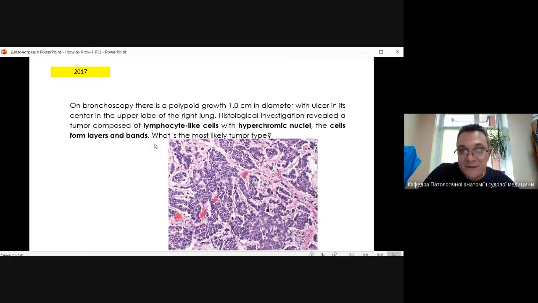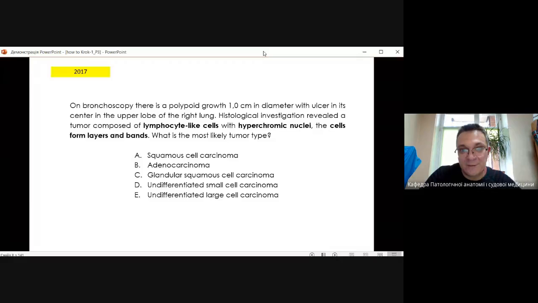So what is the most likely tumor type here? So the options are here. Is it the squamous cell carcinoma? Is it adenocarcinoma, glandular squamous cell carcinoma, undifferentiated small cell carcinoma, or undifferentiated large cell carcinoma?